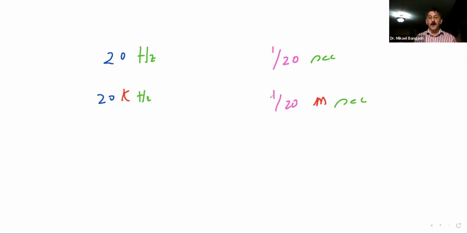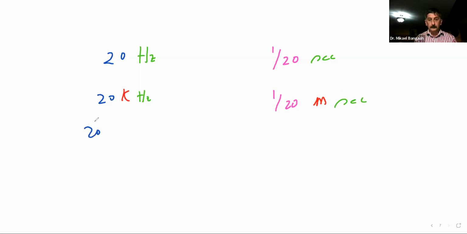So the period becomes 1/20 of a millisecond. Clear?